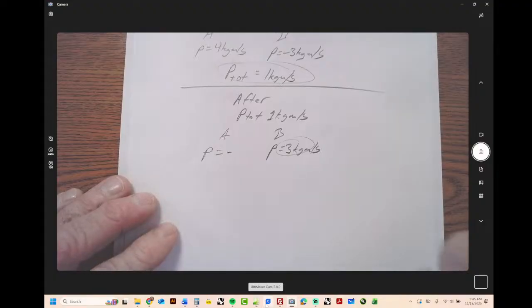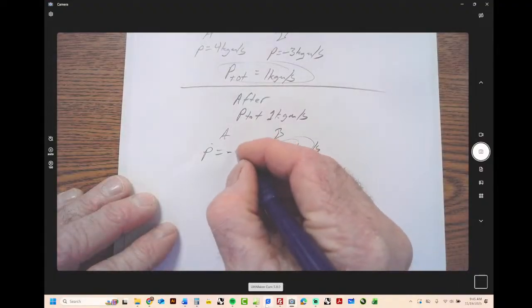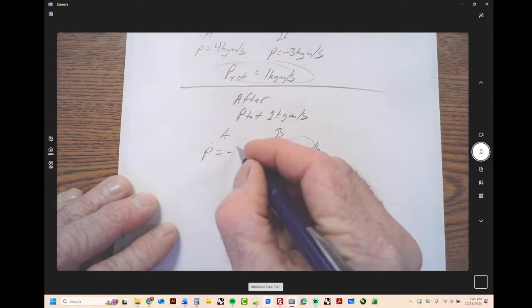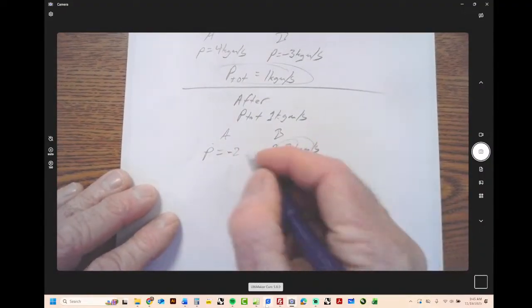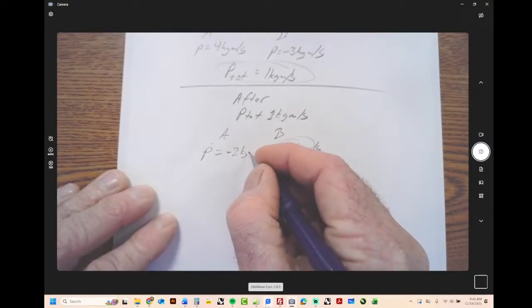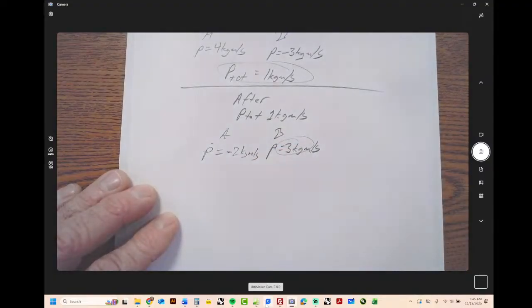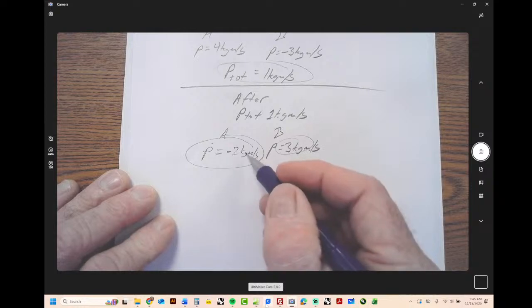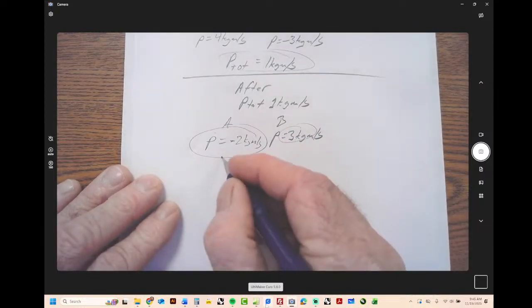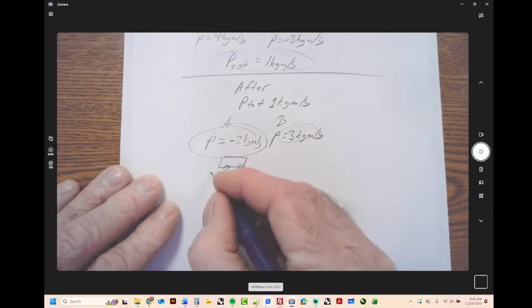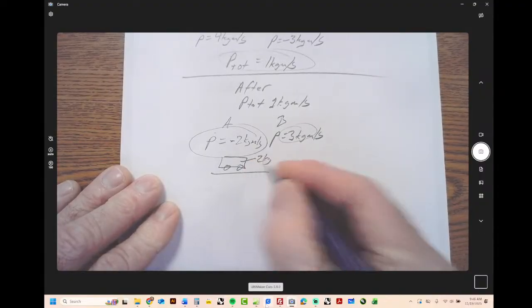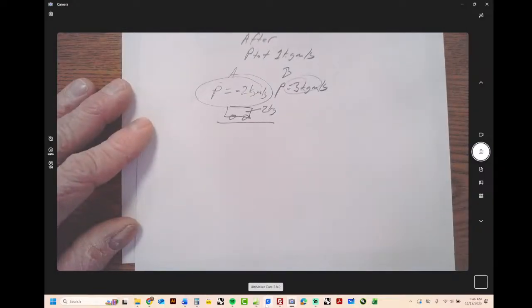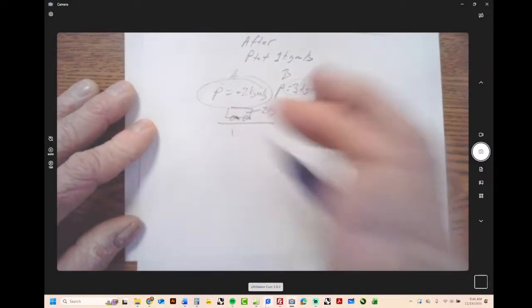I didn't ask you that in the question, but I'll probably ask you, what's the momentum of the other cart? So this is negative 2 kilograms meters per second. So that's the momentum of cart A. And I'm going to draw it again. Its mass is 2 kilograms. And one of the questions was, what's its velocity?